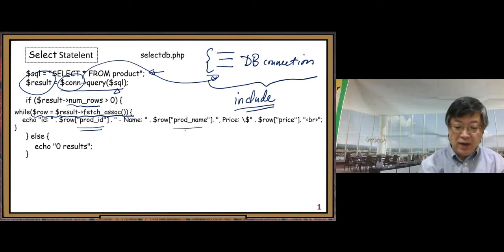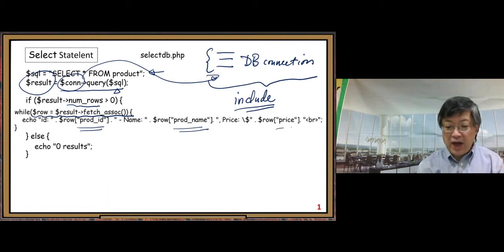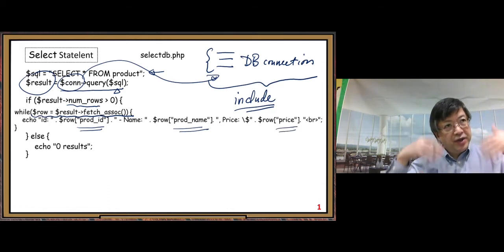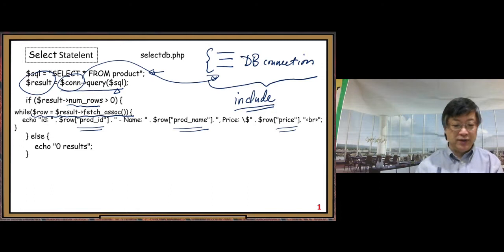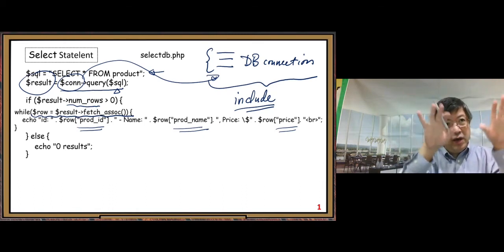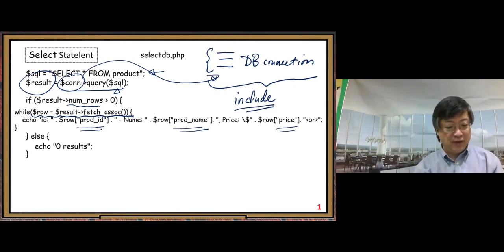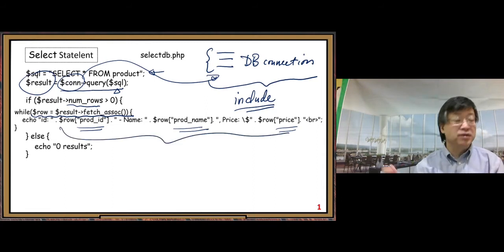Another field value we access the same associative array way. So you can see we get all the data in the rows one after another. The while loop is pretty straightforward. After you retrieve the values, you can do your data processing.